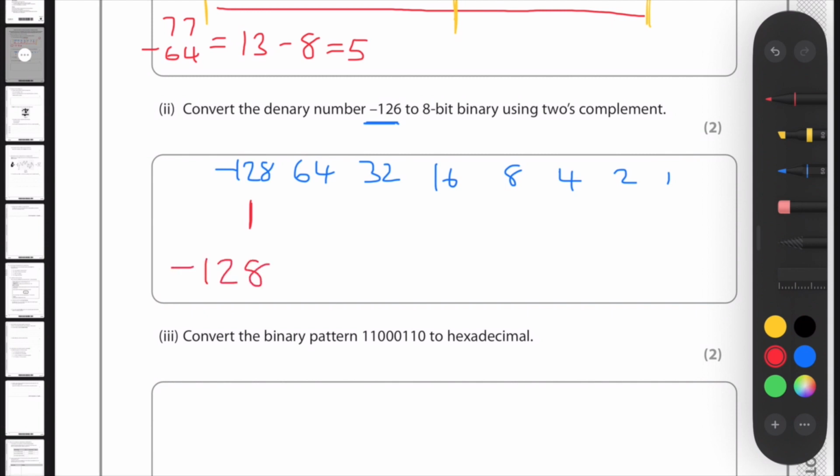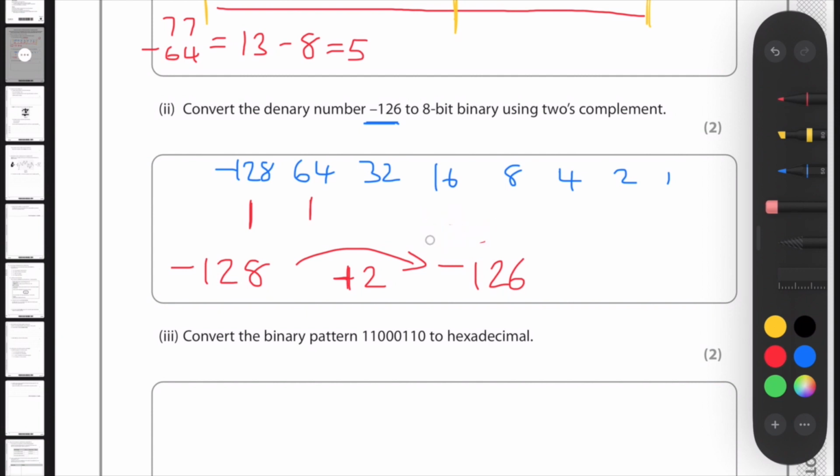So we start with minus 128. Now what do we need to do to get to minus 126? Well, basically we need to add 2 to it. If we add positive 2, we go up the number line, so plus 2 would get us to there. Because if we added 64, for example, we'd end up with minus 64. So we've gone too far. So let me just rub this out.